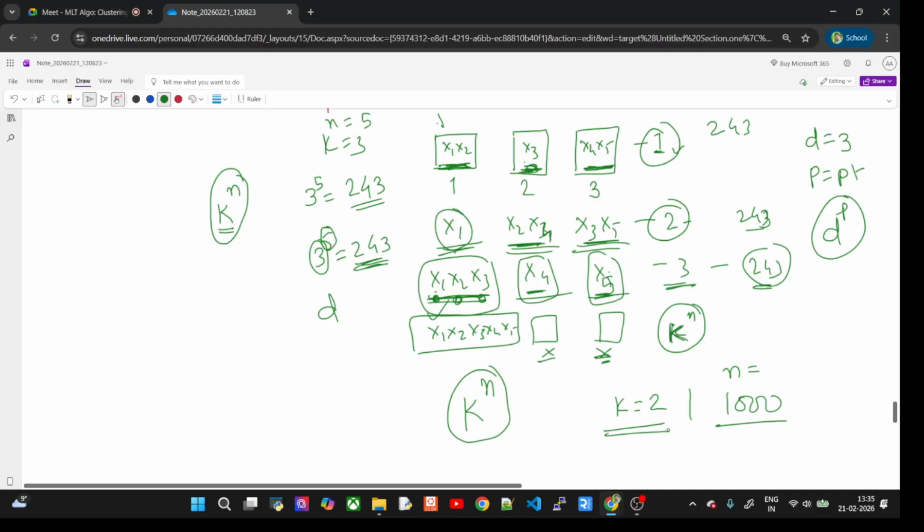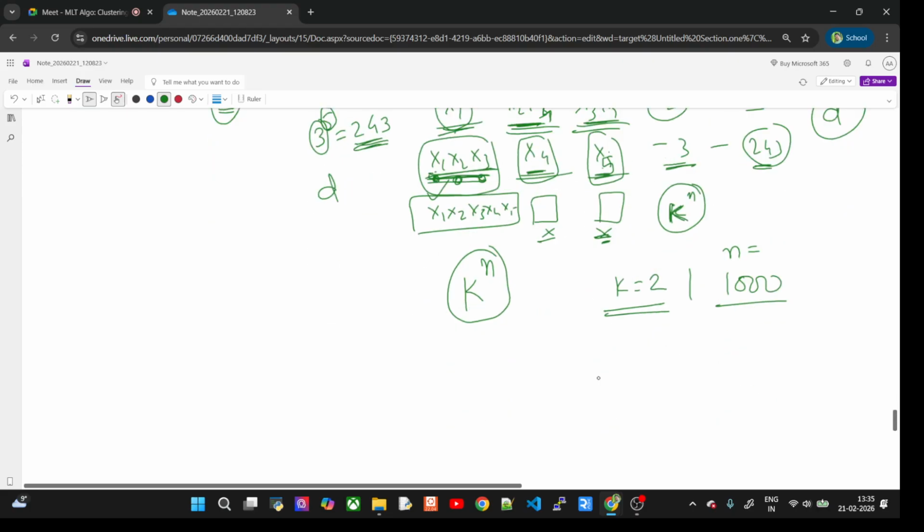Now we have 2 classes and 1000 kids, x1 till x1000. In the earlier case we got 243 combinations, but now it is 2 raised to 1000.